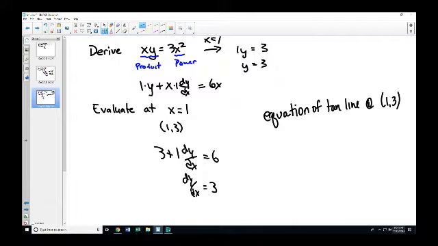Good. How do you write the equation of the line? What do you put where? Okay, what's the problem? You're good. Okay, there you go. That's right.